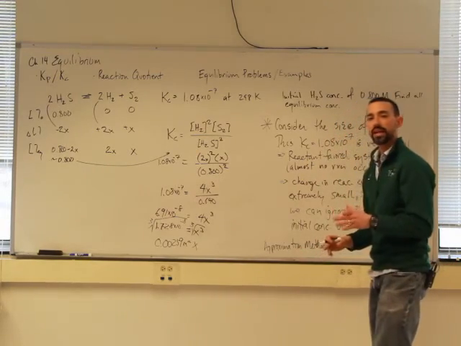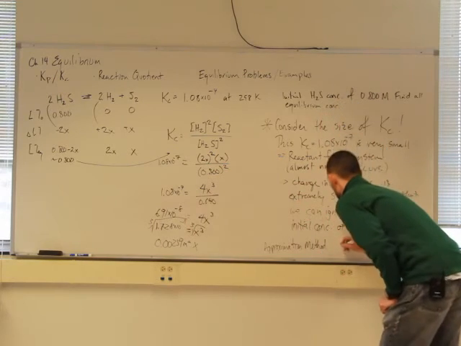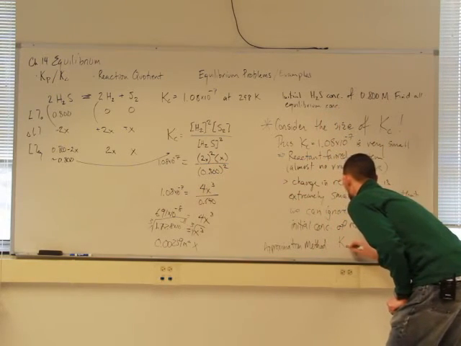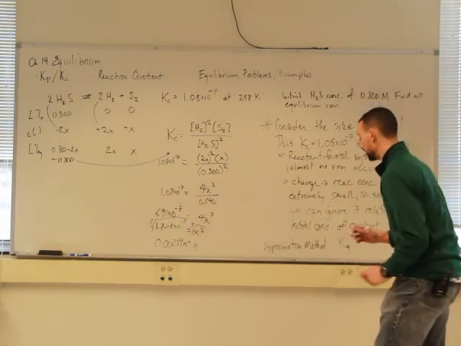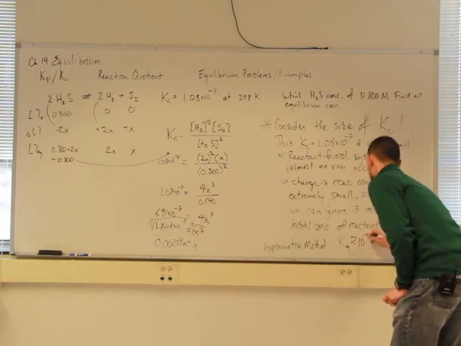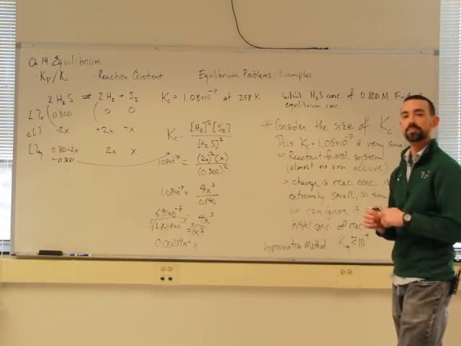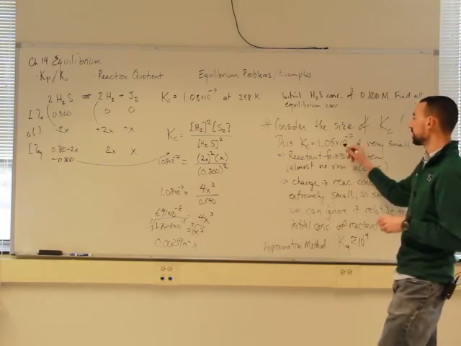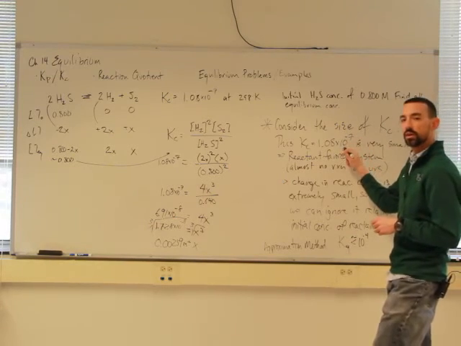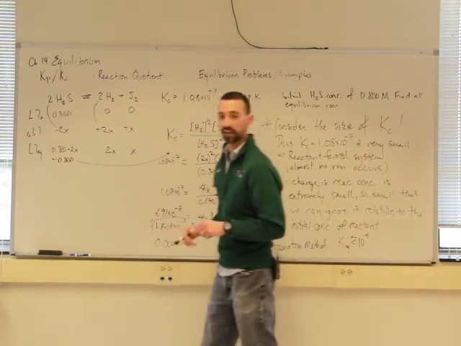There are two cases, or two ways to know when you're going to want to use this. When your KEQ, either pressure or concentration, is approximately less than or equal to 10 to the negative 4, this approximation is going to be valid. Okay? That's when you're talking about a small enough value that the reaction is heavily reactant favored.